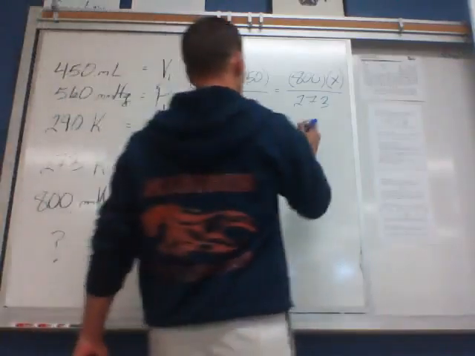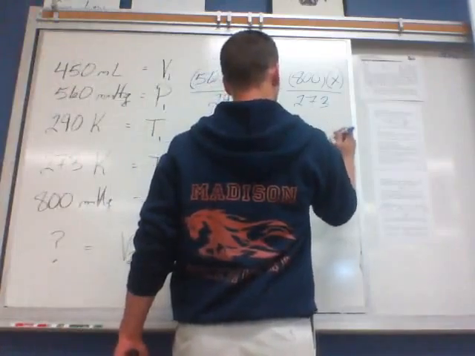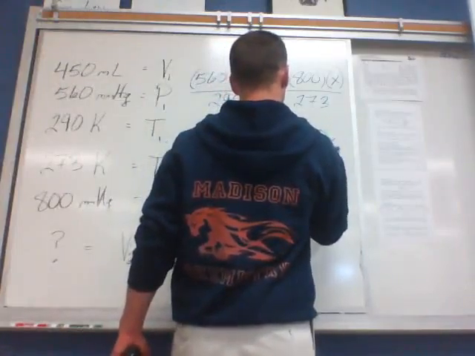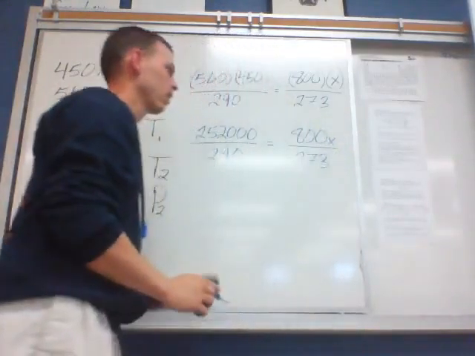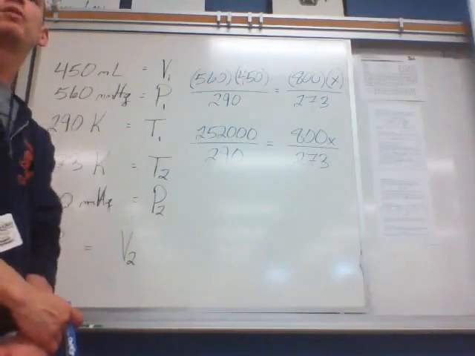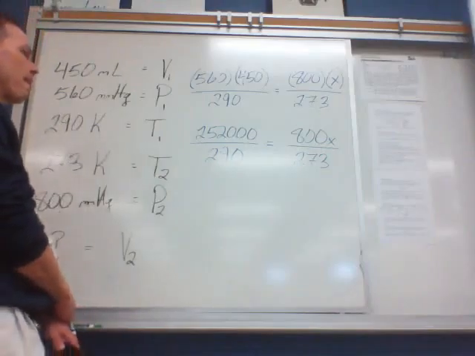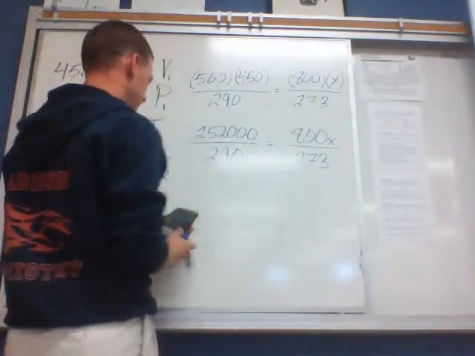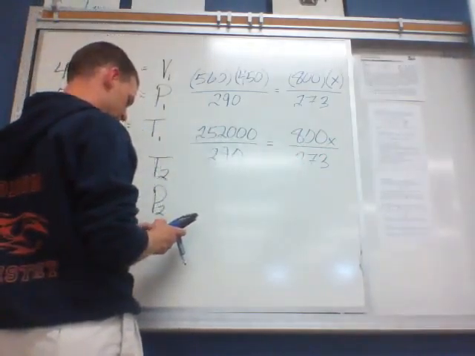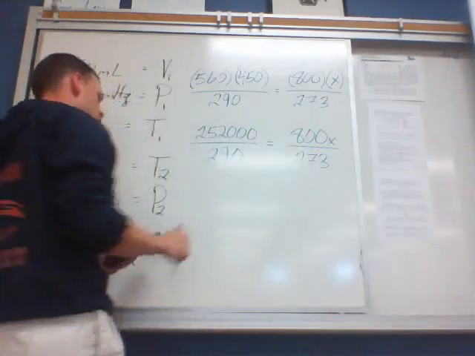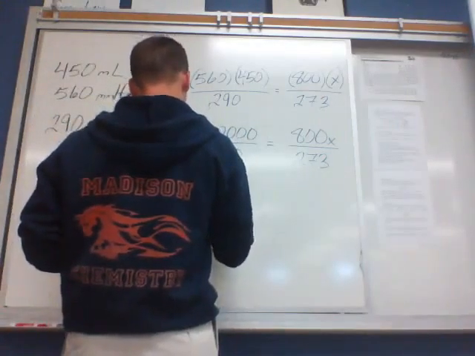The other side, 800 times x, is 800x. Still over 273. Cross multiply for some largeness. 290 times 800x is 232,000x.